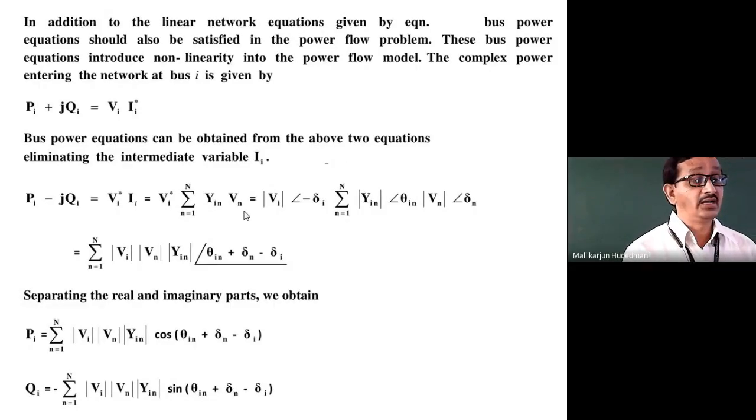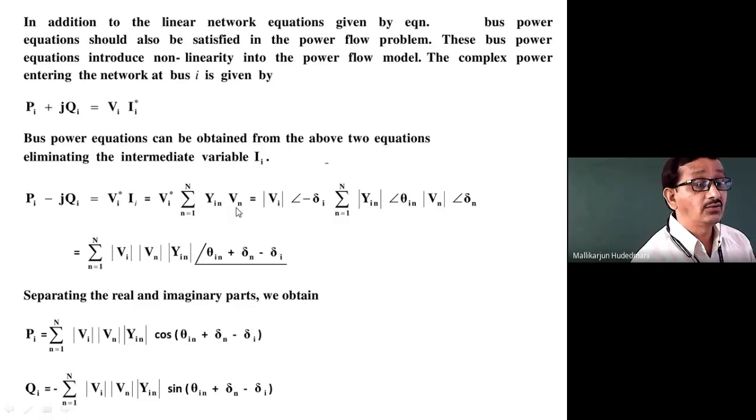I can put YIN in terms of magnitude YIN and angle theta IN. I don't know what I and N are by present occurrence, but I can put YIN in complex notation as magnitude YIN, which you can see over here, and the angle theta IN.